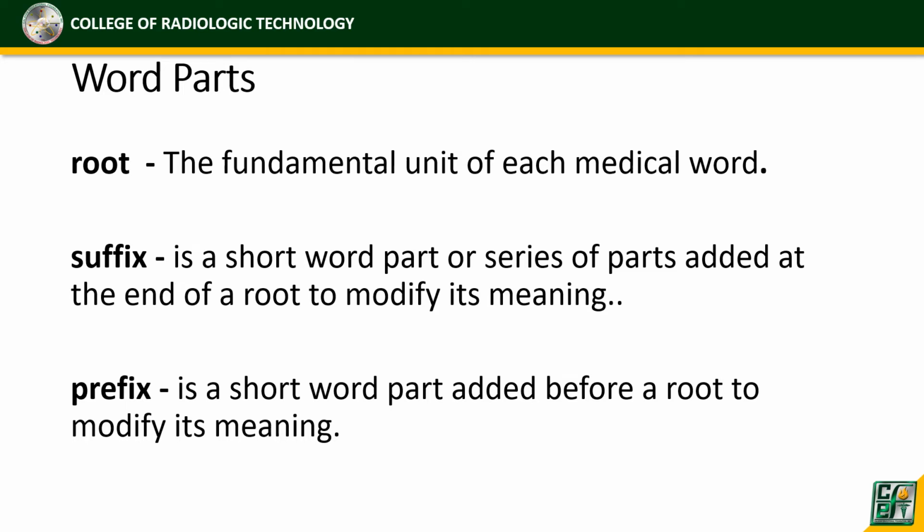The suffix is a short word or a couple of letters that is added to the root word at the end to modify its meaning. And lastly, the prefix. It is a short word or letters that is added before the root word to modify its meaning.